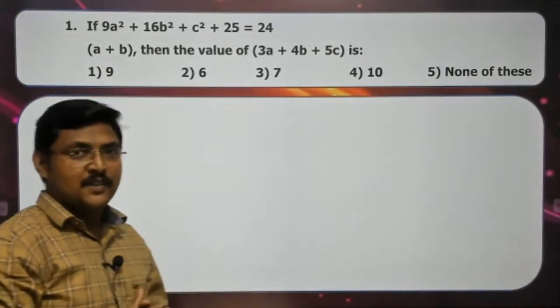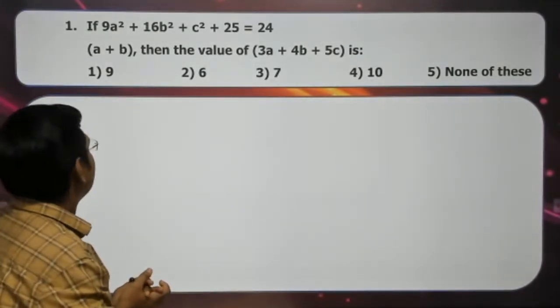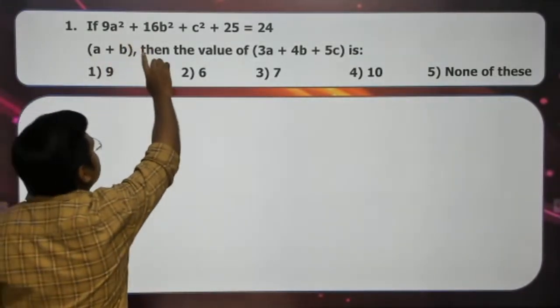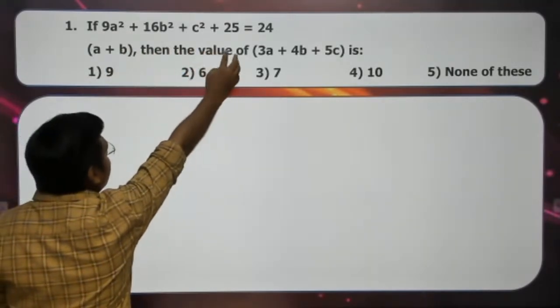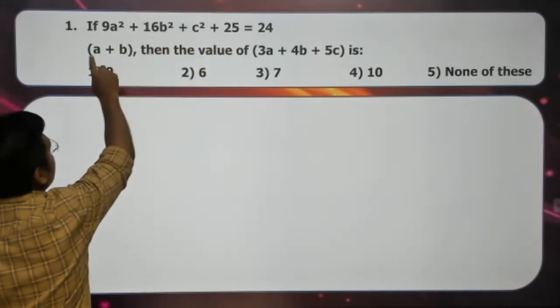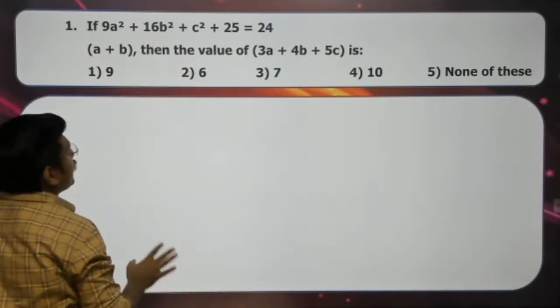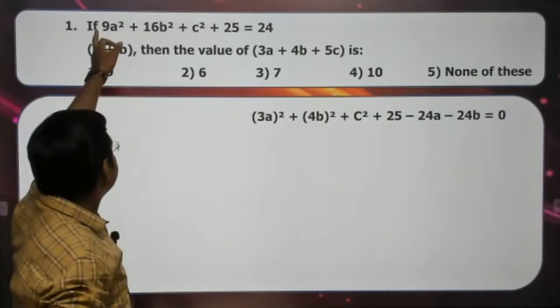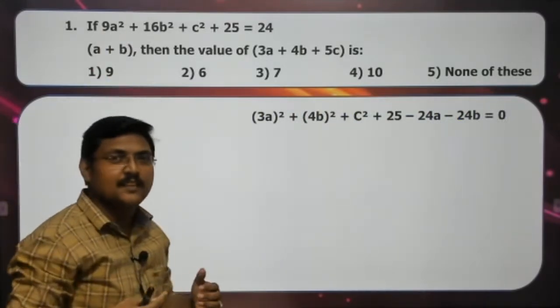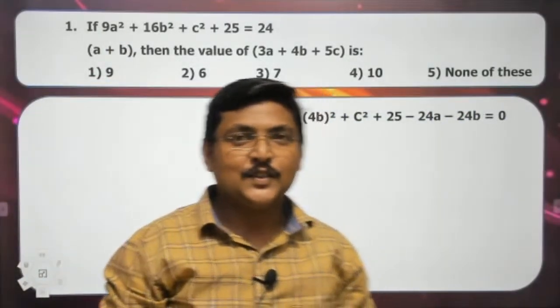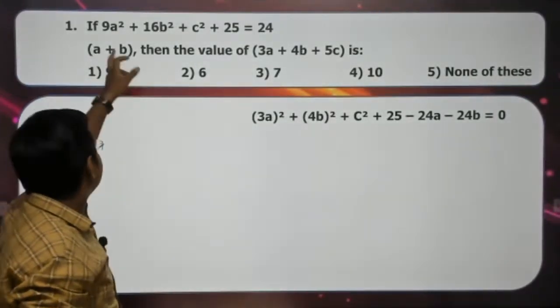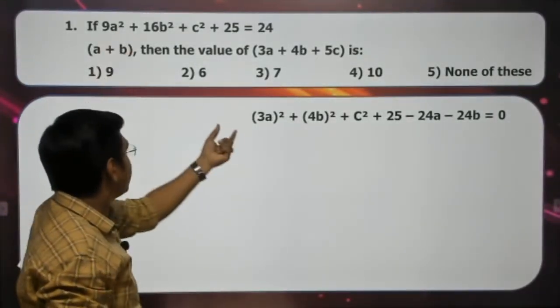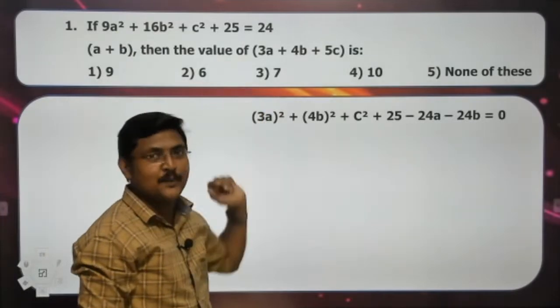So it is a very important question. Listen to the way I am approaching it. First of all, 9a square plus 16b square plus c square plus 25 is equal to, opening this, 24a plus 24b, right? Now the first animation I am showing: 9a square. We know that 3 square is 9, so instead of 9a square I am writing 3a the whole square.